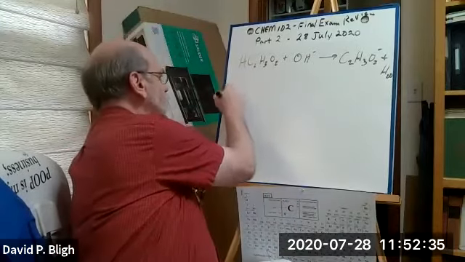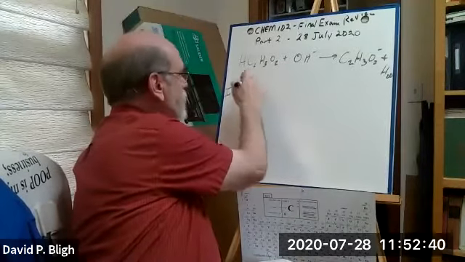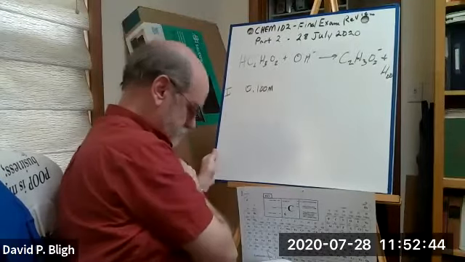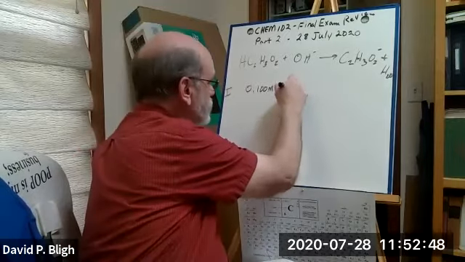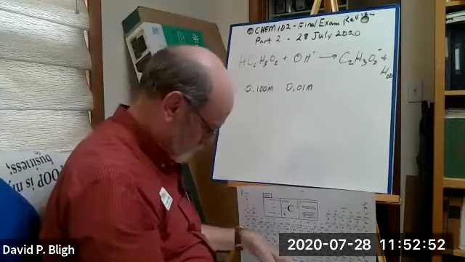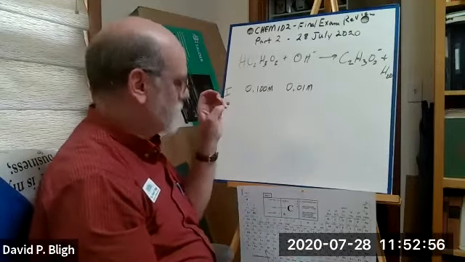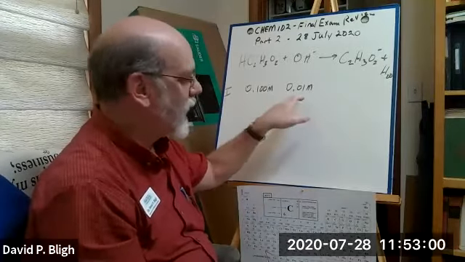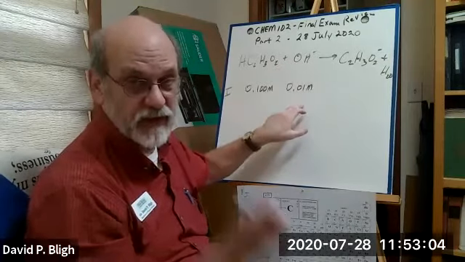So what's our initial concentration? The initial concentration of this was 0.100, right? And the initial concentration of this is 0.01 mole. Why? Because we produced a liter of solution to begin with, and now we're adding 0.01 mole of this to a liter.